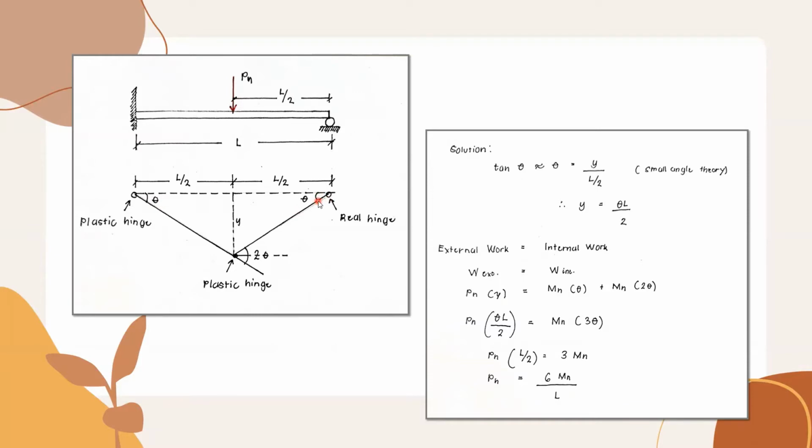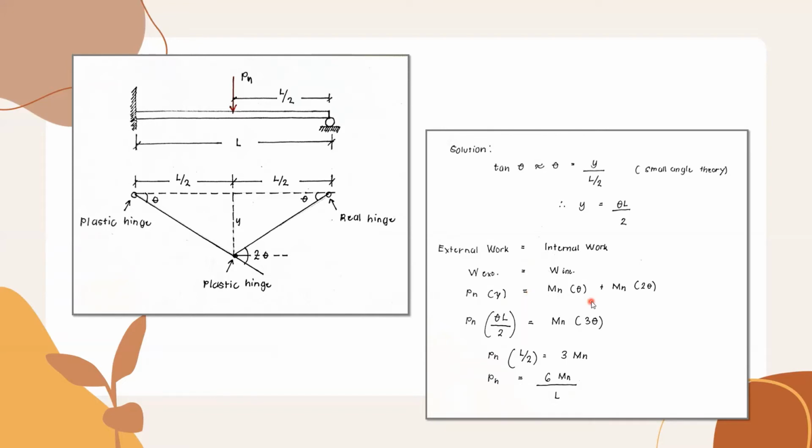The work done by the external load is equals to P sub n times the deflection y of the mechanism at the center of the beam. So, the internal work absorbed by the hinges is equals to the sum of plastic moments M sub n at each plastic hinges times the angle through which it works.